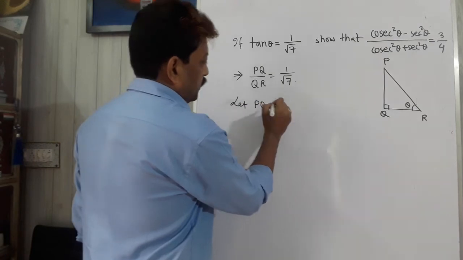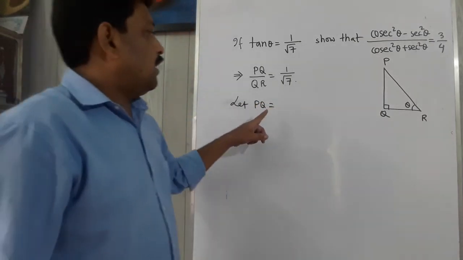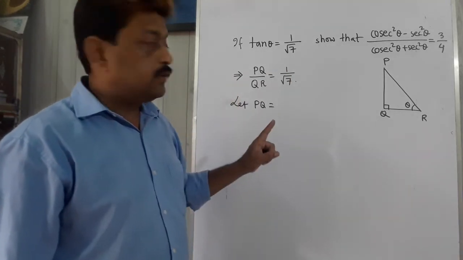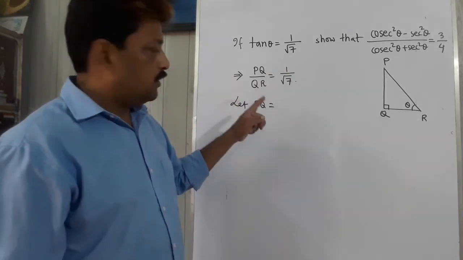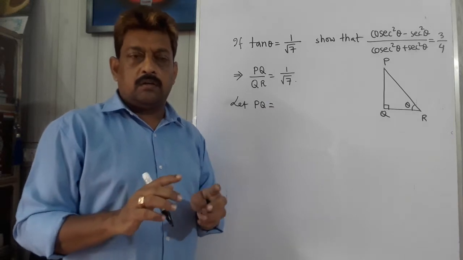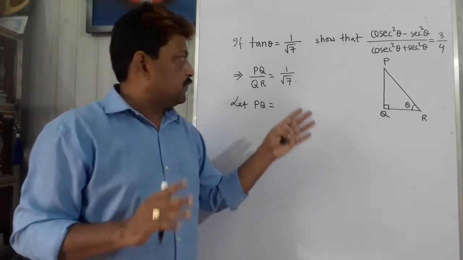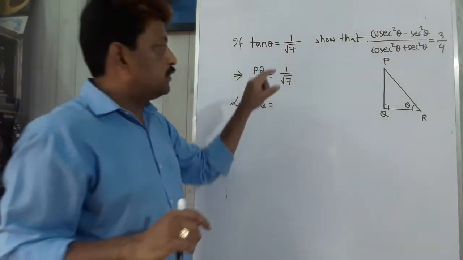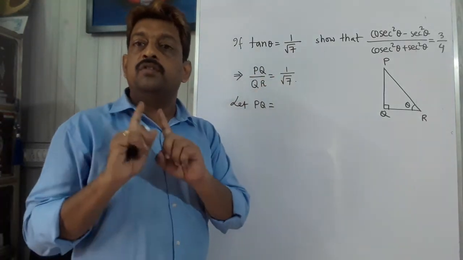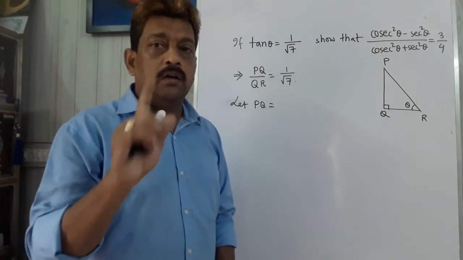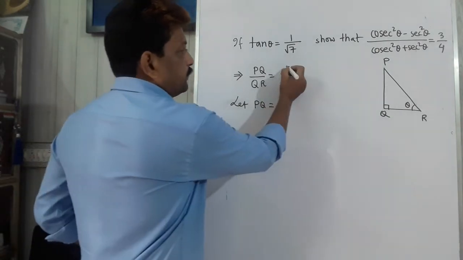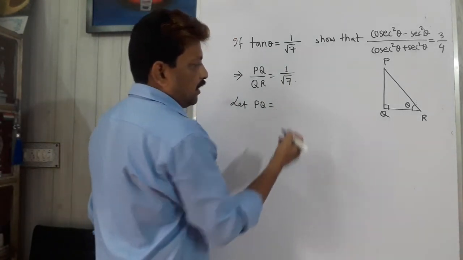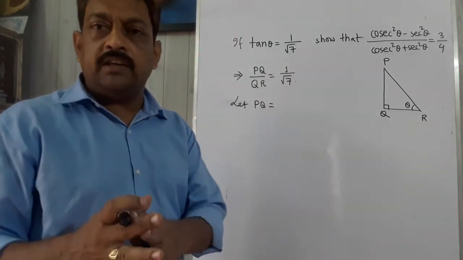Suppose PQ equals, now see here, I cannot take PQ as 1 because this is a numerical value, and I have told you in the previous question that whenever the ratio has numerical values, then we have to multiply these numerical values with a constant. So here 1 is a numerical value, so PQ will be taken as 1 multiplied with any constant.